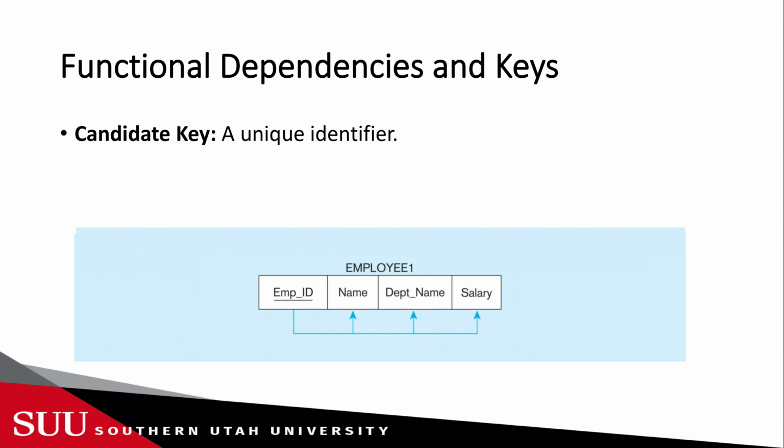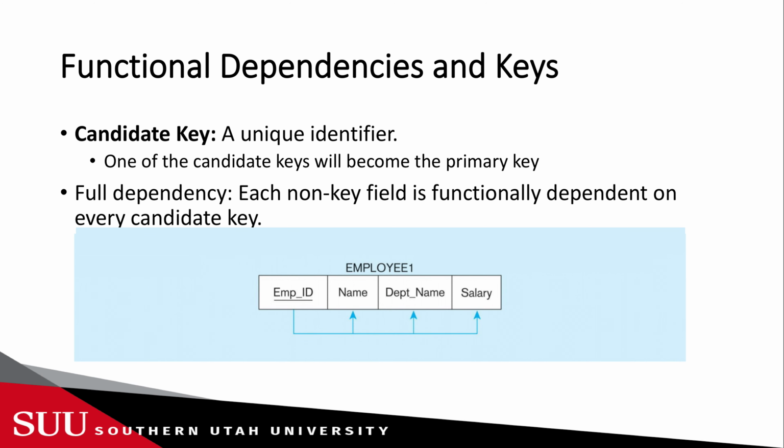Now, first of all, let's define what a candidate key is. It's a unique identifier, which is one of the candidates that will eventually become the primary key of our table. So if we look at this table that we have right here, our candidate key can be employee ID, which is eventually going to be the primary key in this case because we don't see any other key that is more suitable than this.